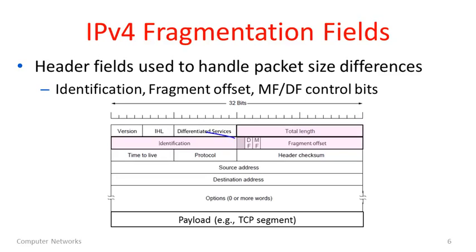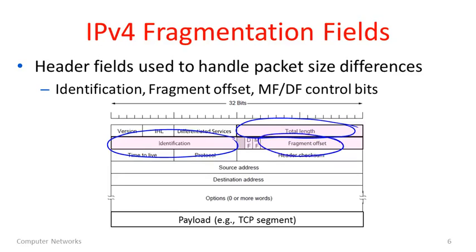So those fields are identification. This provides a number on a packet, so we'll have a stamp that's unique for a packet that we can use to put pieces of it together if it's broken. There is a total length field that's highlighted because the length field will change if we break the packet into pieces. We'll update it to reflect the length of the pieces, not the complete packet.